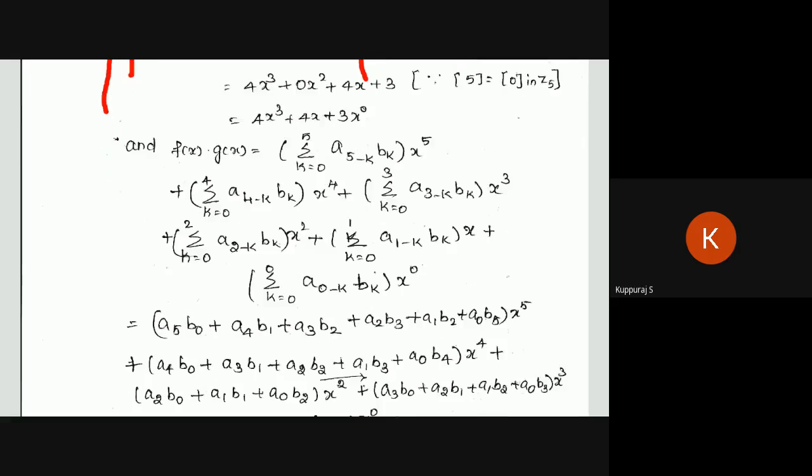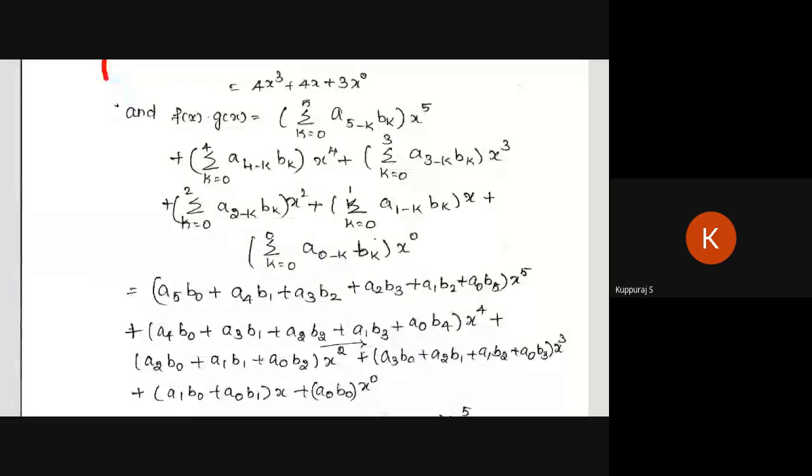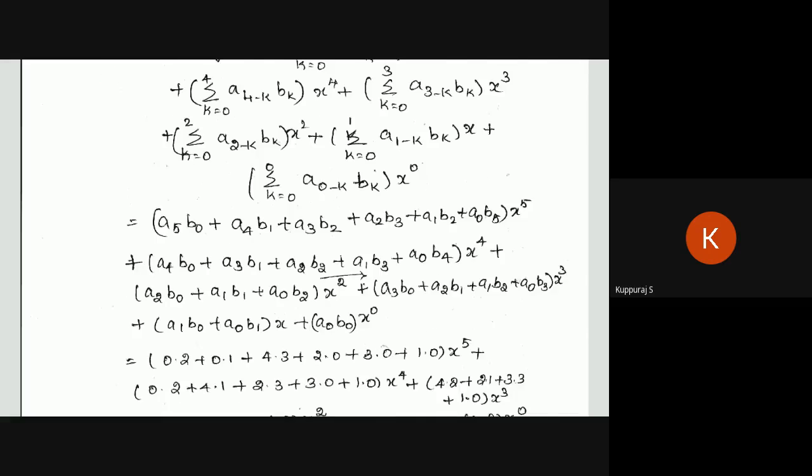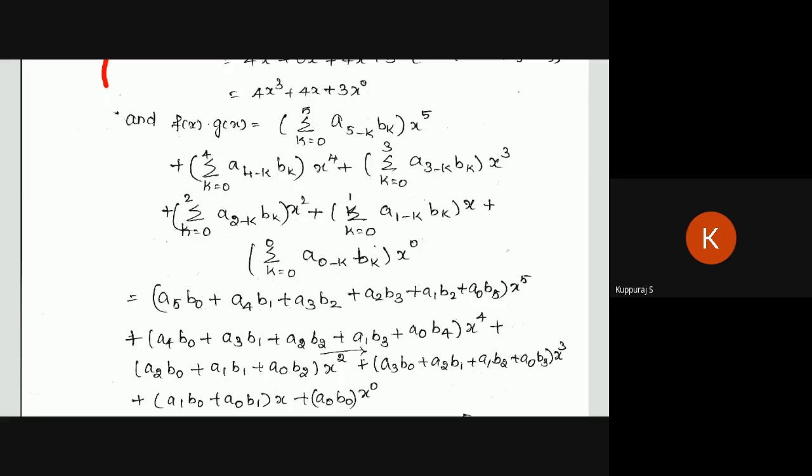We need to find the values for each coefficient, because when you multiply, the first is a single term, then the coefficient of x is a combination of 2 terms, and the third has 3 terms. That's why I am writing each coefficient. Now expand the summation. For x power 5, put k equal to 0 to 5, we get the first term.